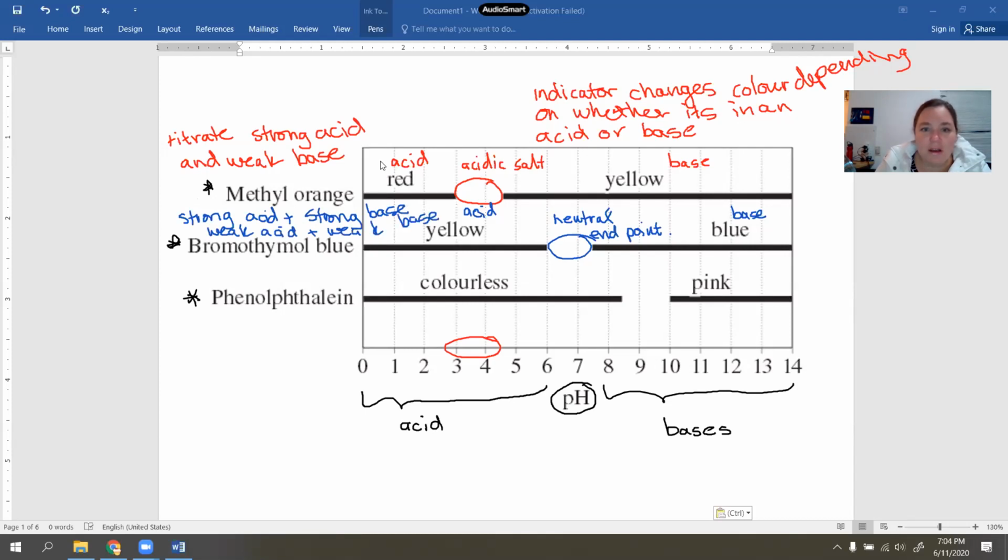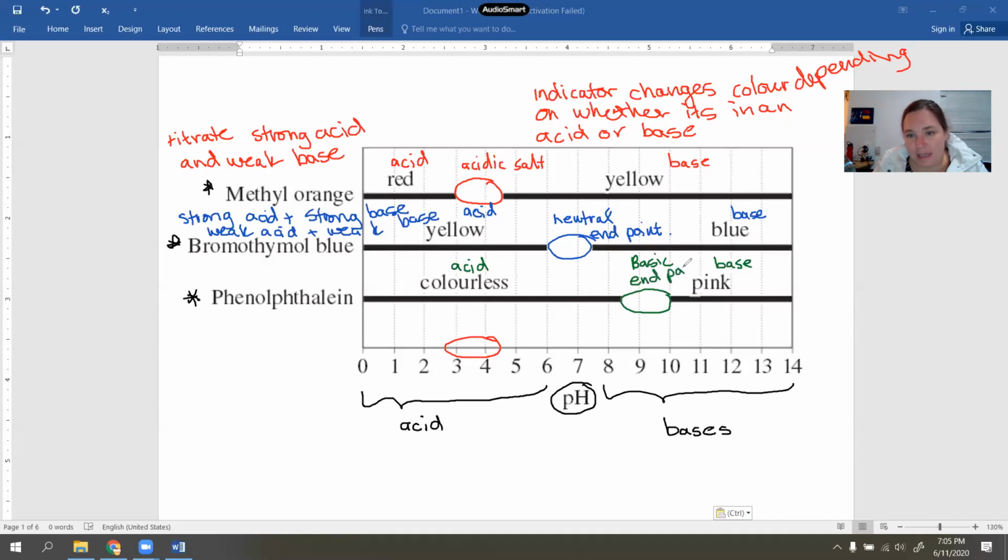Okay, the last one here is phenolphthalein. So phenolphthalein in an acid is colorless. In a base, it turns a bright pink. In the example that I showed you on Tuesday, phenolphthalein was the indicator in that video that I showed you. If you look at where its endpoint is here, it's going to have a basic endpoint.